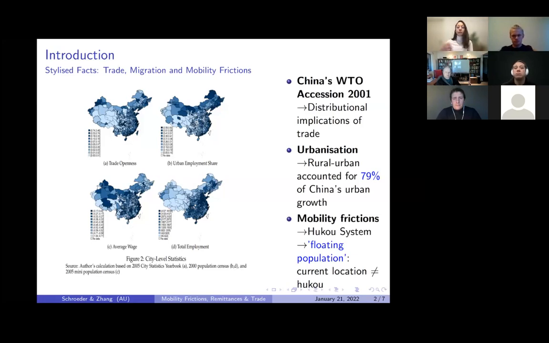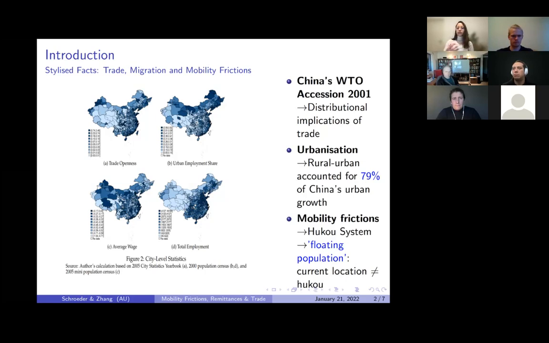That basically meant that a household moving from rural to urban would not be able to purchase housing, potentially education, etc., public services. And you were assigned your hukou depending on where you were born or where your parents are from. So all your social benefits and public services are tied to your hukou status.